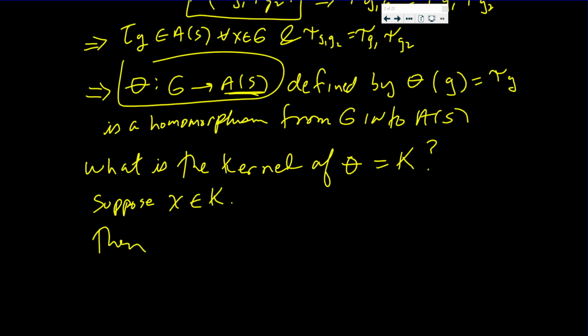Let's call it g sub 0. Then Hx tau g sub 0 must equal Hx, because this here is the identity mapping. And that's not true. I apologize.